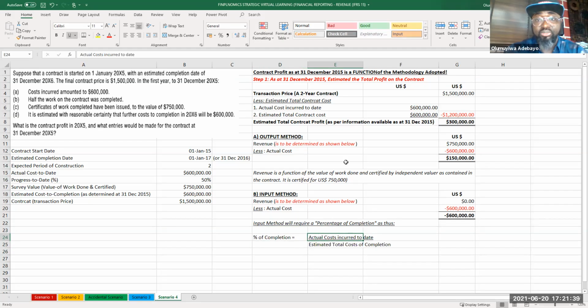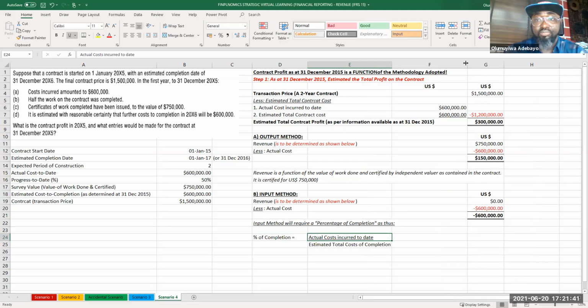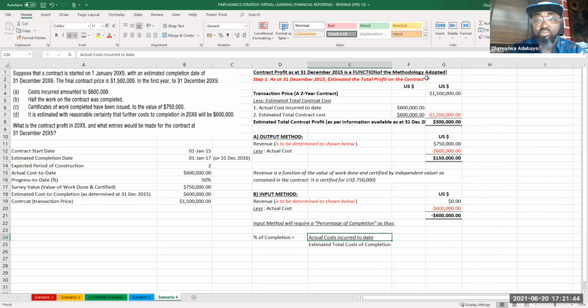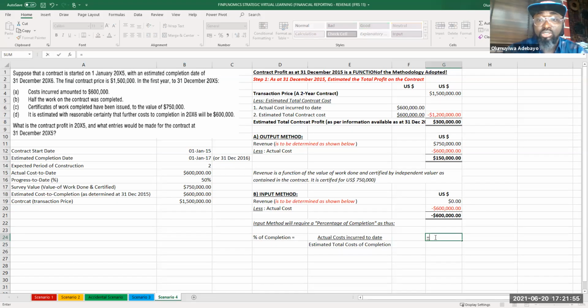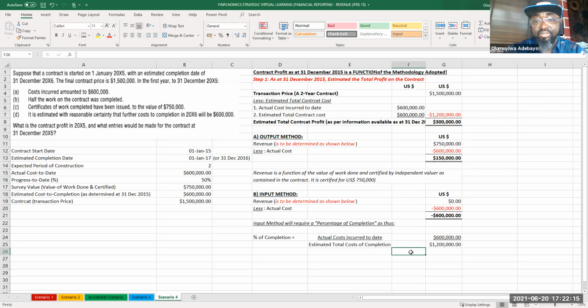And what that presupposes is that we pick the actual cost to date, which is 600, as a ratio of this estimated total cost, 600 plus 600. And at the end of the day, what is the percentage? Percentage is 50%.